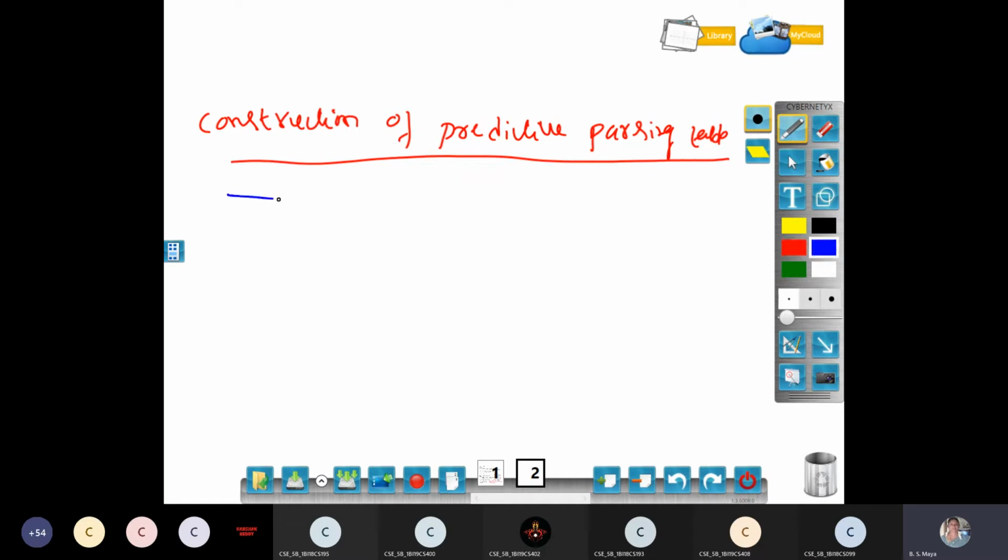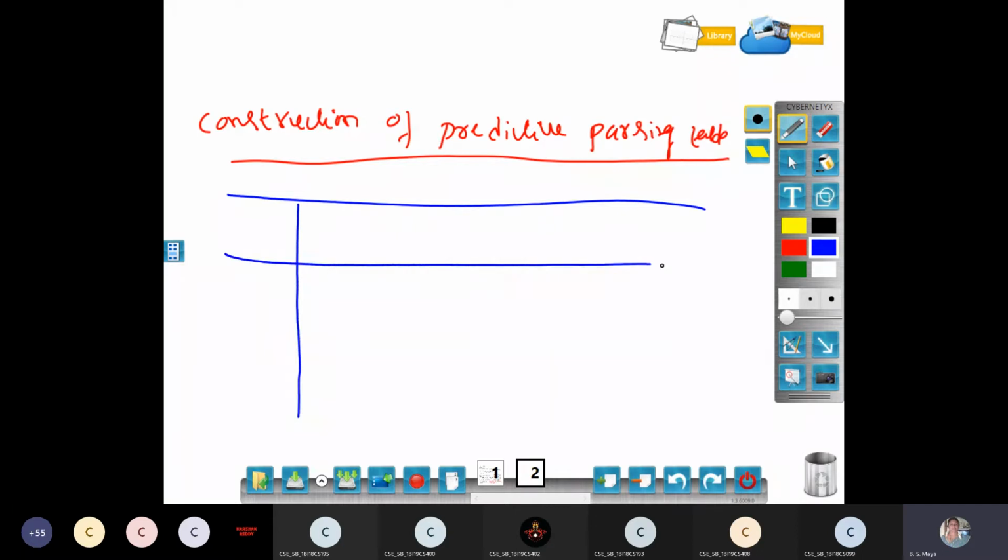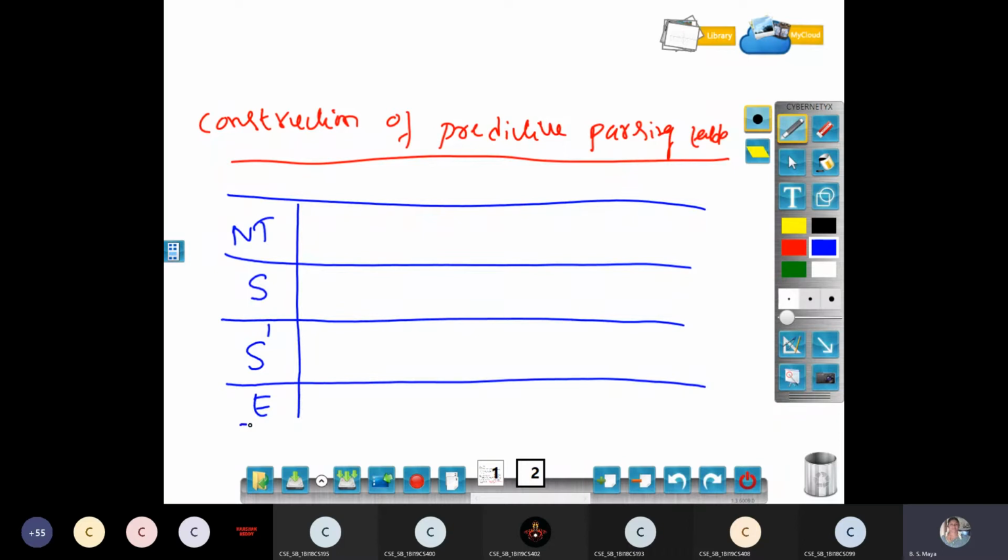The table has terminals and non-terminals. You can take the non-terminals S, S dash, E. We have 3 non-terminals: S, S dash and E. Let us include all the terminal symbols. What are all the terminal symbols you got from the first and follow sets?